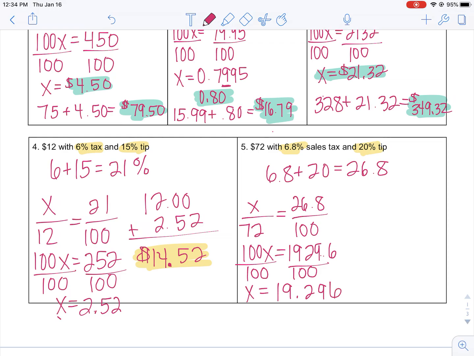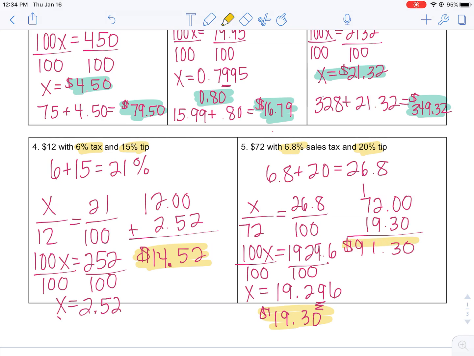Now this comes out to a weird decimal, so we have to do some rounding, which makes this $19.30 that I now need to add on to my $72. So $72 plus $19.30 gives me $91.30, which is my total bill.